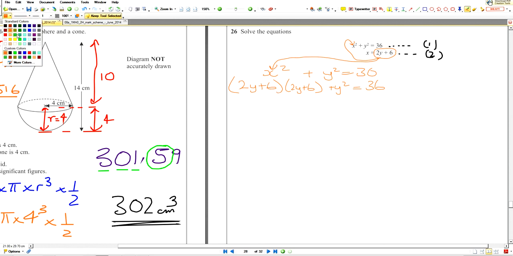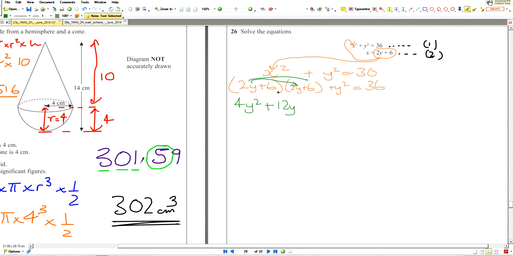So let's go for this. Okay, right. I think that comes a bit too light. Let's do the slightly darker one. So we have to start over here. 2y times 2y will give us 4y squared. 2y times plus 6 will give us plus 12y.